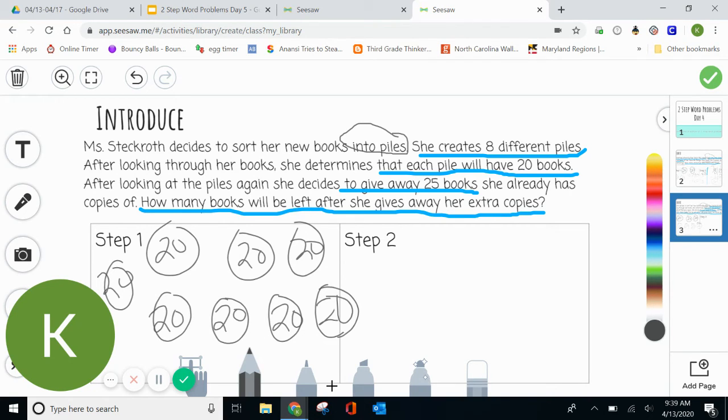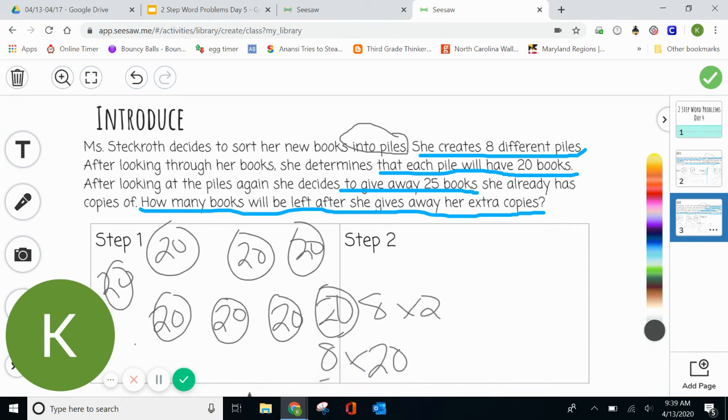Let's see. Make some room down here. 8 times 20. Now I'm stuck in the same issue as last time. 8 times 20, I've not really solved that before, but I do know that I can solve 8 times 2 because I see a 2 here, I see my 8 here, and there's my 2. 8 times 2 is 16, which means 8 times 20 must be 160 because I'm moving up in place value.